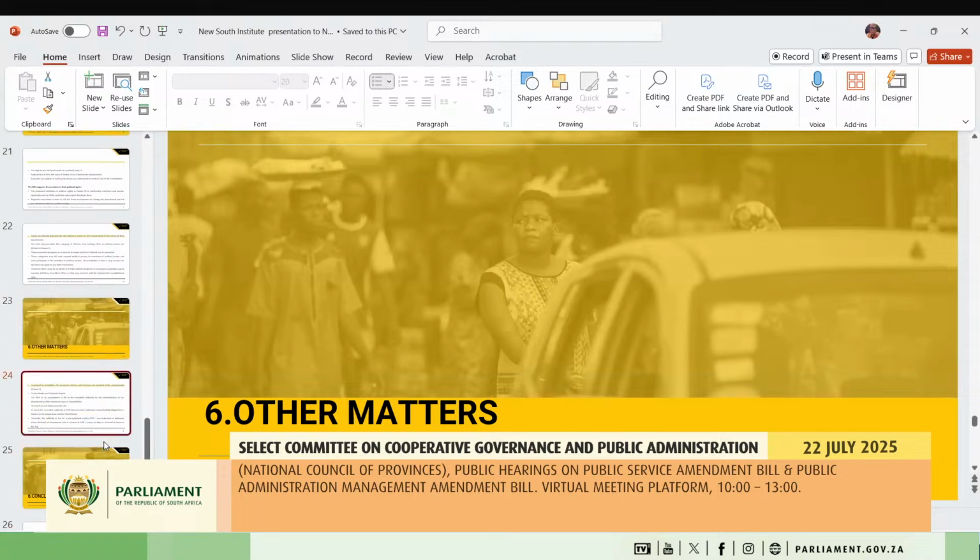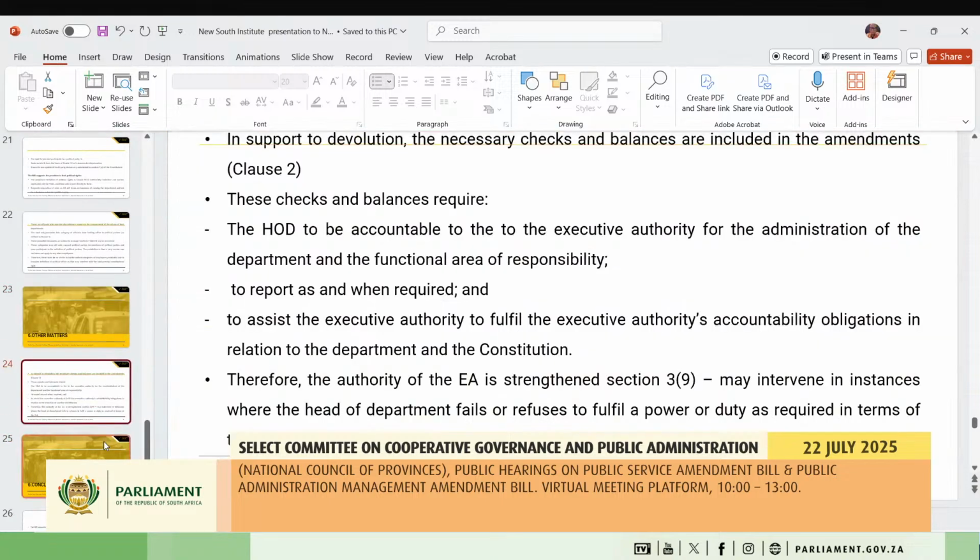Then on other matters that we wanted to highlight, this is an issue that I've heard raised a lot in the hearings by some of the concerned members, even some of the political principals when they are asking questions, the honorable members. So clause 2 of the amendments indicates that in support of devolution, there are necessary checks and balances that are included in the amendments.